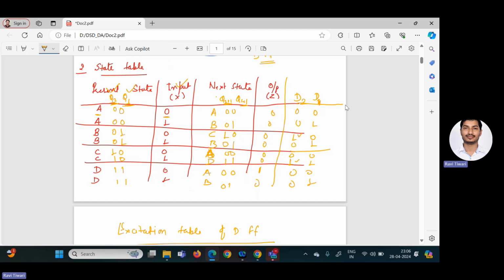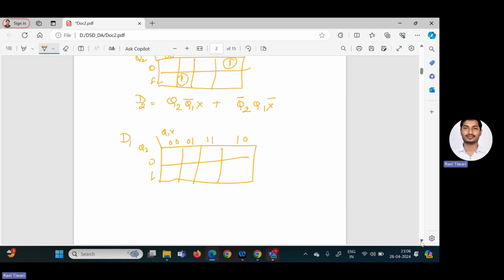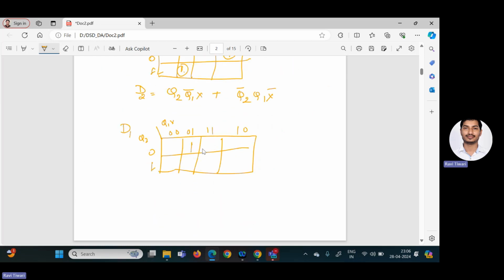Whenever your D1 is 1, like here 1, 3, 5, 7. So now you can see we can make a quad here, and the expression for this quad will be X. So now we have the expression.